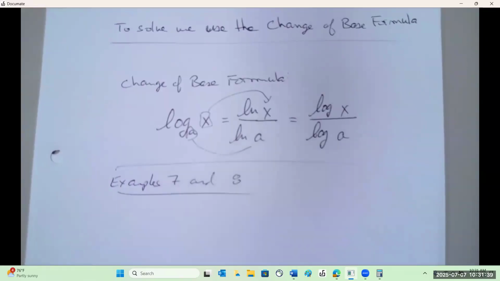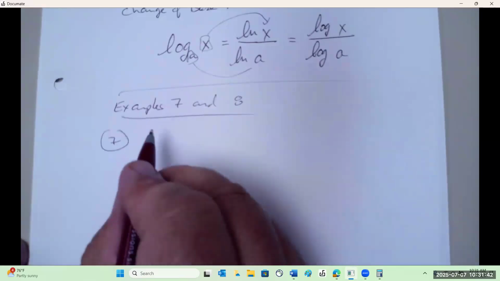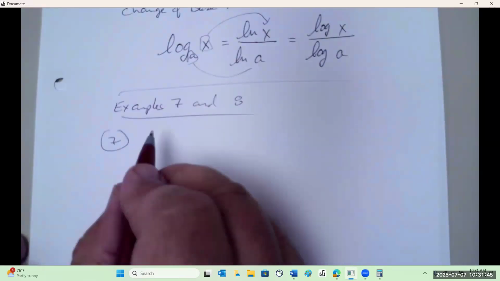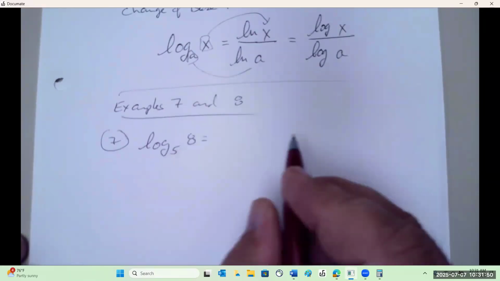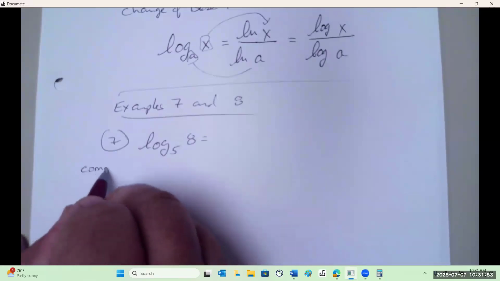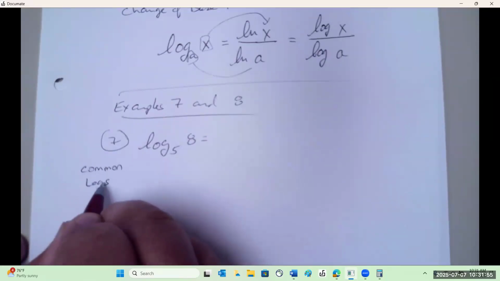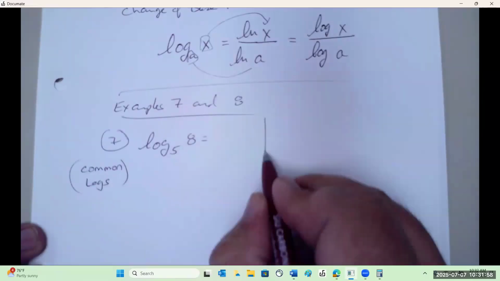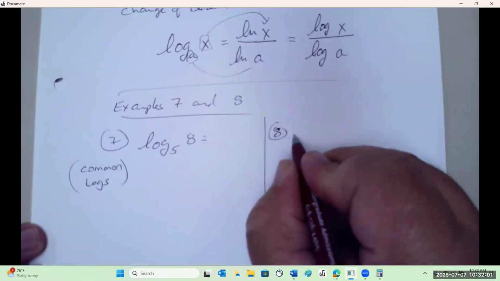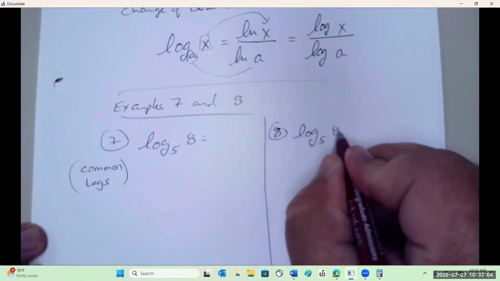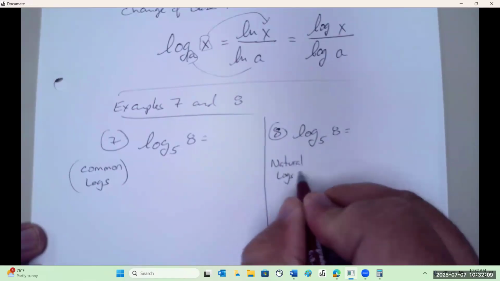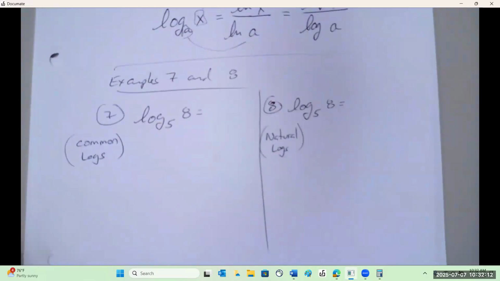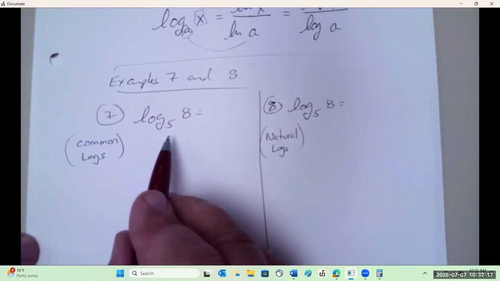So here, examples 7 and 8. Log base 5 of 8 using common logs. And log base 5 of 8 is the same thing using natural logs. So how do I write this using common logs?